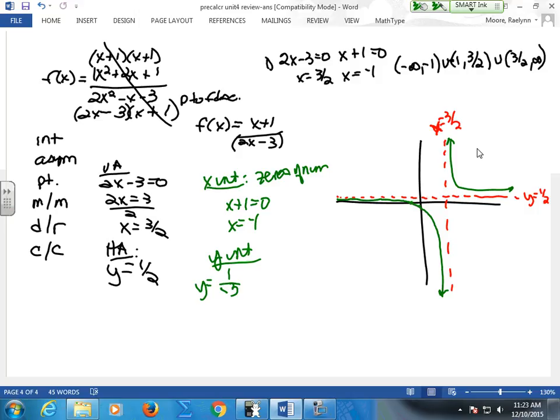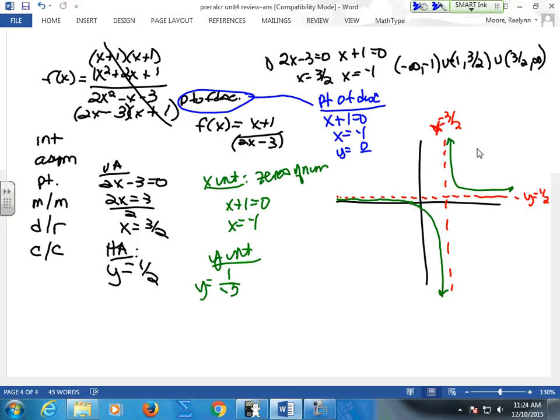Let's do your point of discontinuity. We put this over to the side for a minute. Point of discontinuity. X plus 1 equals 0. So where x is -1, let's find the y. If I plug a -1 in here, I get a 0 over something.